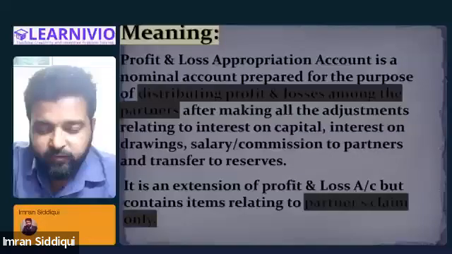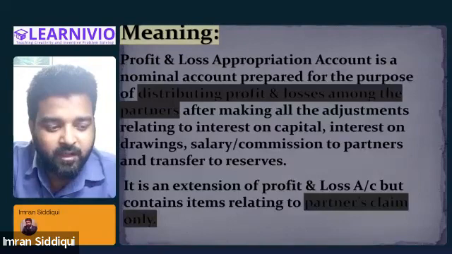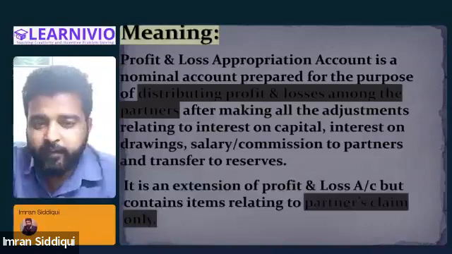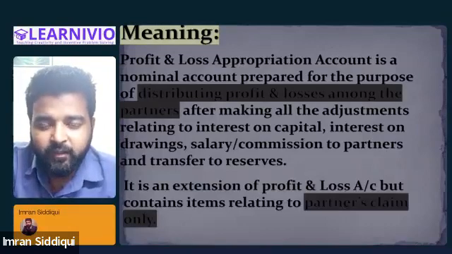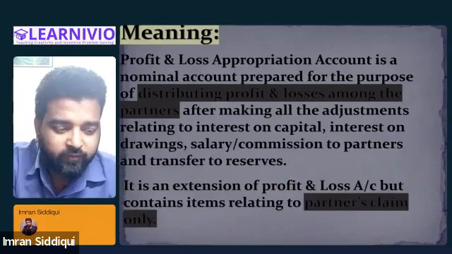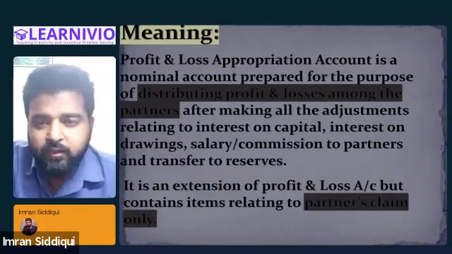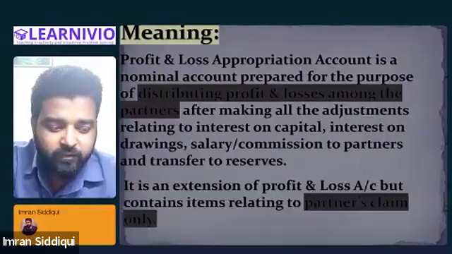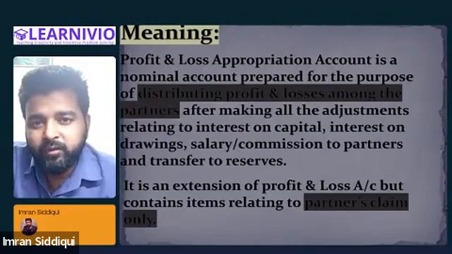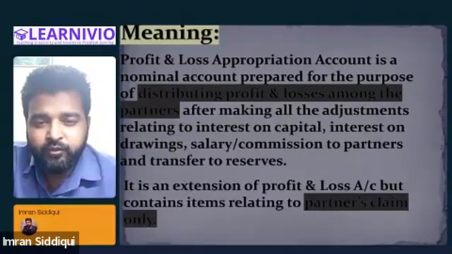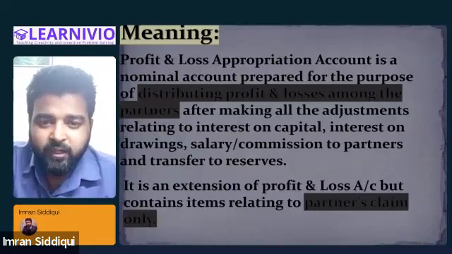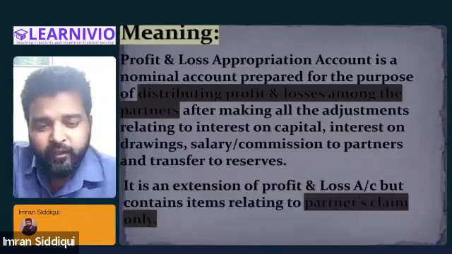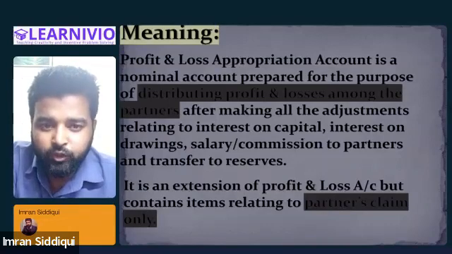In a partnership firm, whatever income a partner earns from the firm by way of salary, interest on capital, or in any other manner, like commission, we record that, as well as whatever amount he has to pay to the firm, like interest on drawing. That also has to be recorded in the P&L appropriation account. So the P&L appropriation account is a nominal account where we record income and expenses in relation to partners.